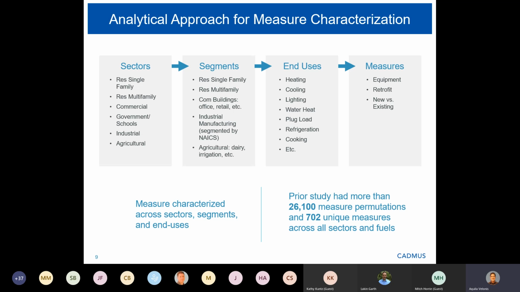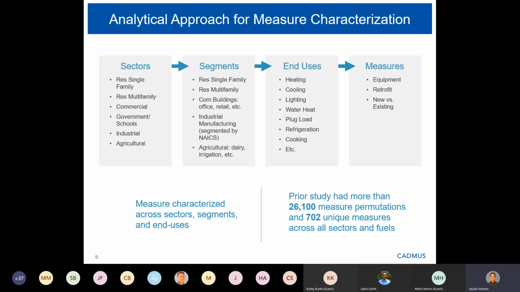While we shared with you a unique measure list by sector, that unique measure list is ultimately going to be expanded by the sector and the segments within those sectors. It's then further expanded within each segment to the appropriate end uses, as well as vintage. So while there may be a unique set of measures, the number of permutations is quite large.